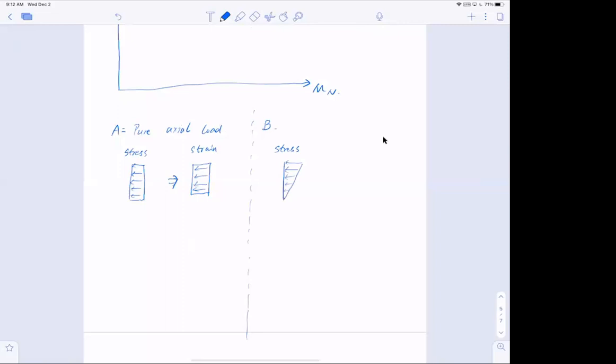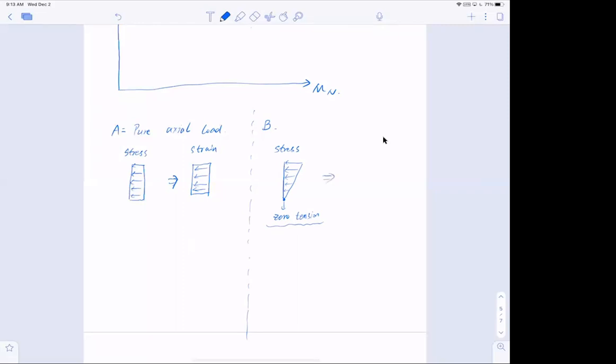Okay, and keep going till the point that I have zero tension or zero compression, right? Zero tension or zero compression means there's no stress at the end of the section. I can achieve this point, right?